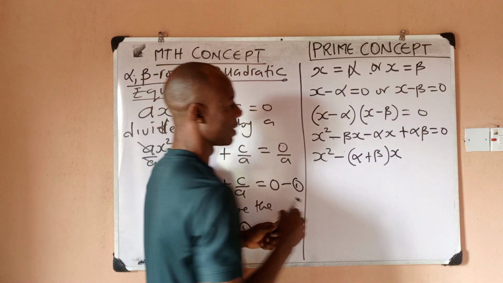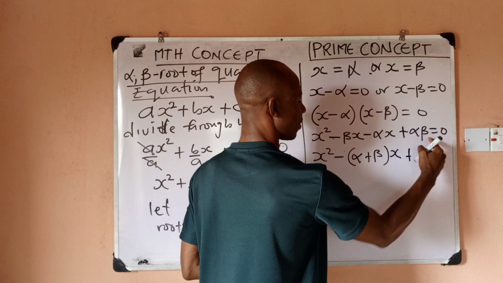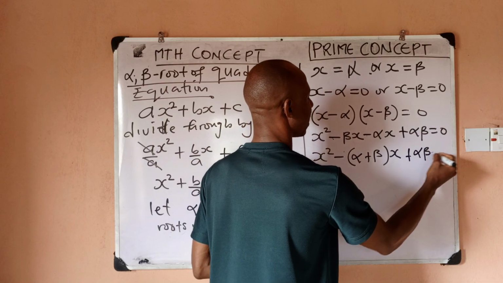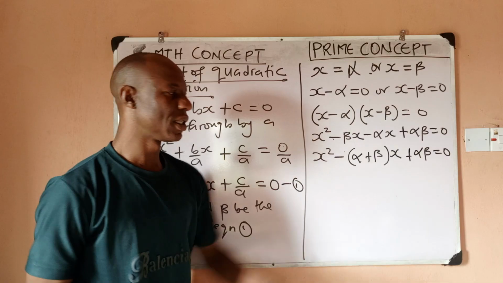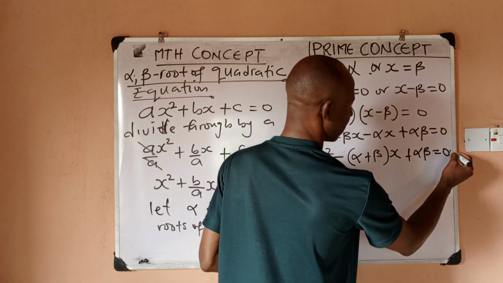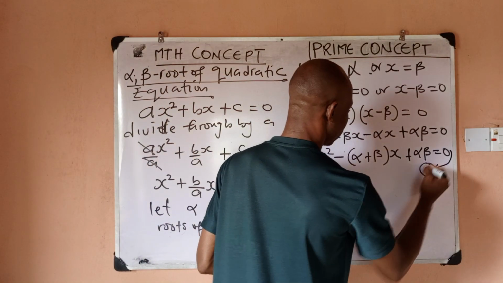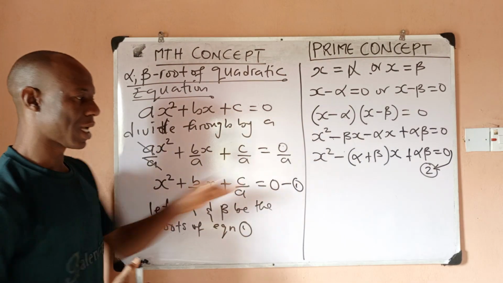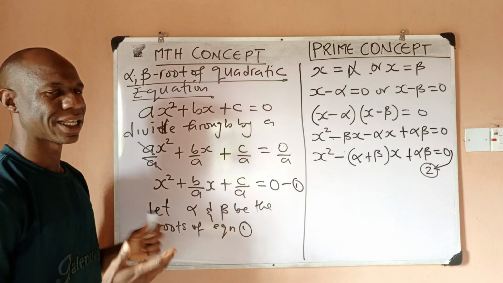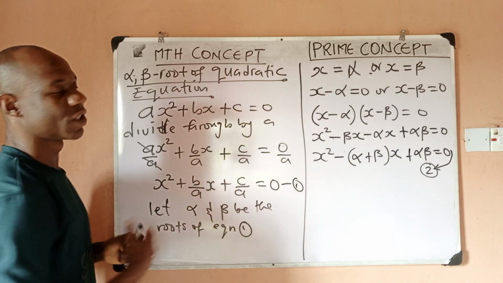It's still the same thing. So then plus this constant part, alpha beta equals what? 0. Now, if I call this equation 2, let's say this is our equation 2, right? I can compare equation 1 and equation 2 because both of them are standard quadratic equations, right?